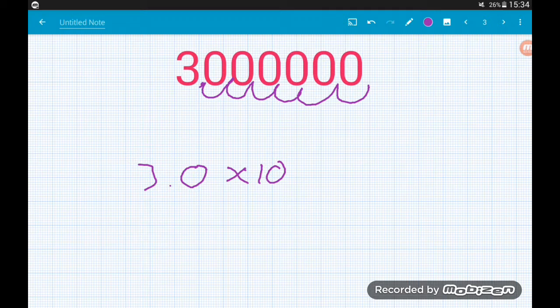The number of places that the decimal has to jump is our power of 10. So here, 3 million is 3.0 times 10 to the power of 6. As I said, we don't have to write the 0.0, so we could also just write it as 3 times 10 to the power of 6. Either way is absolutely fine. I just went for the top method here because I think it makes it easier to explain.